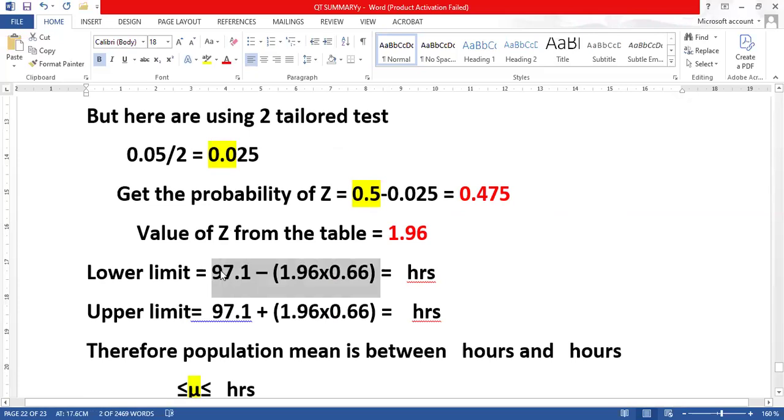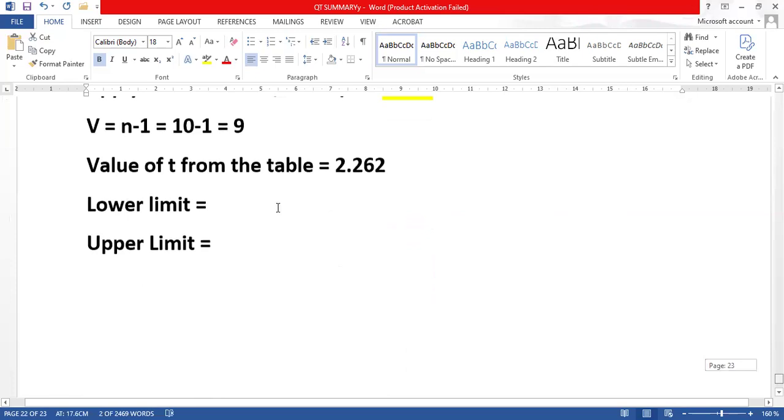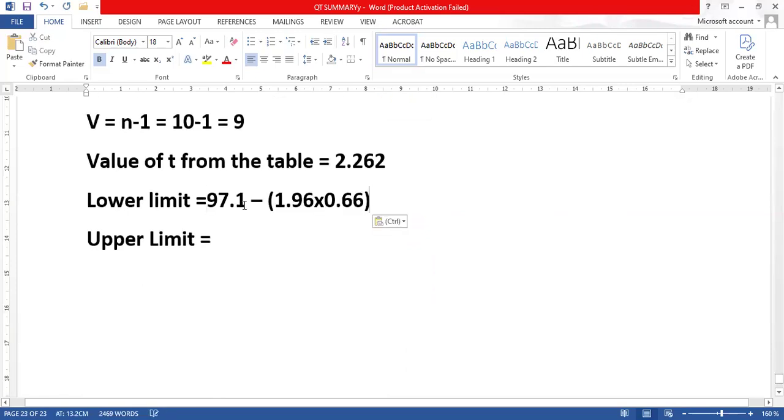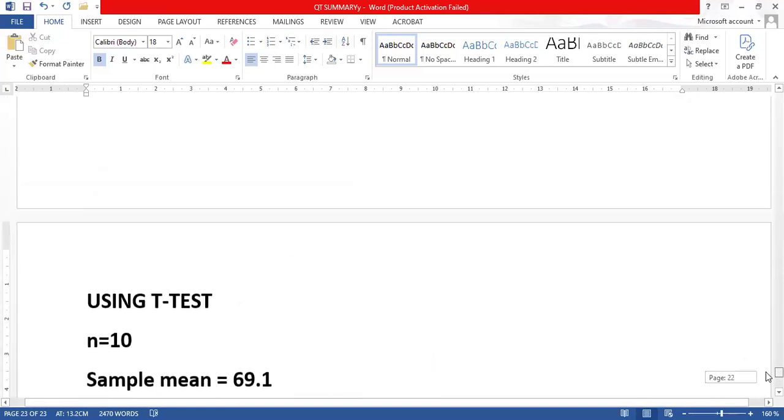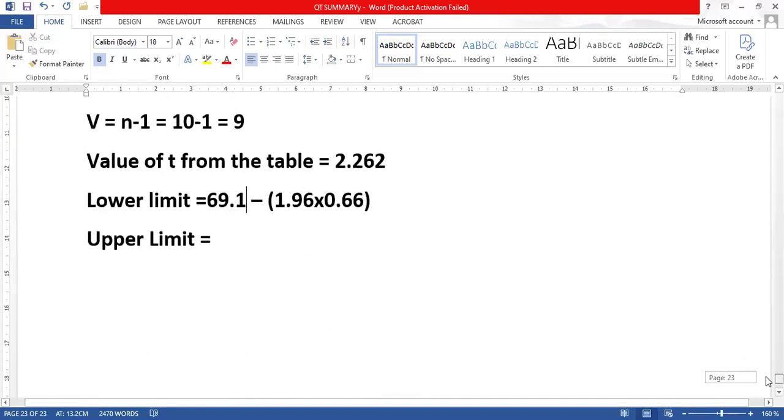Just that here, with this question, our mean is 69.1. Yes, our mean was 69.1. Then the value of t from the table is 2.262 times the standard error.